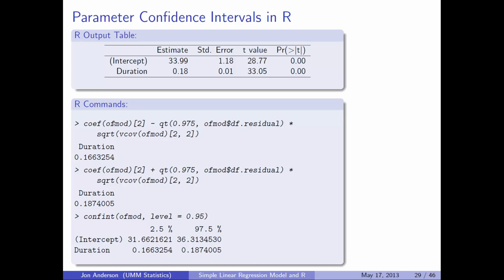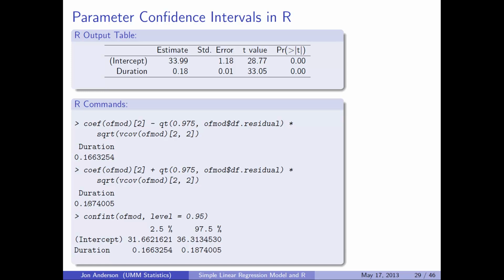I just want you to notice that if you try to follow this, what I'm doing is I'm taking the second coefficient in this table, in other words, this duration beta 1 hat estimate, and I'm going below it by a multiplier from the t-distribution with the right degrees of freedom, and multiplying it by the standard error. And that's what this is doing. And you'll notice I come up with a lower boundary of 0.166.